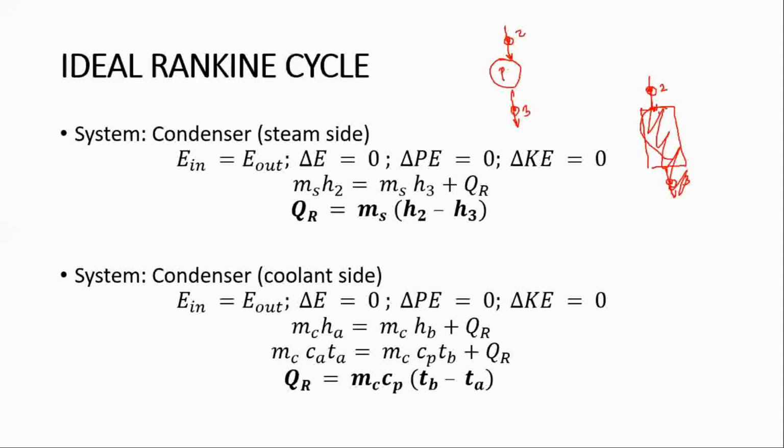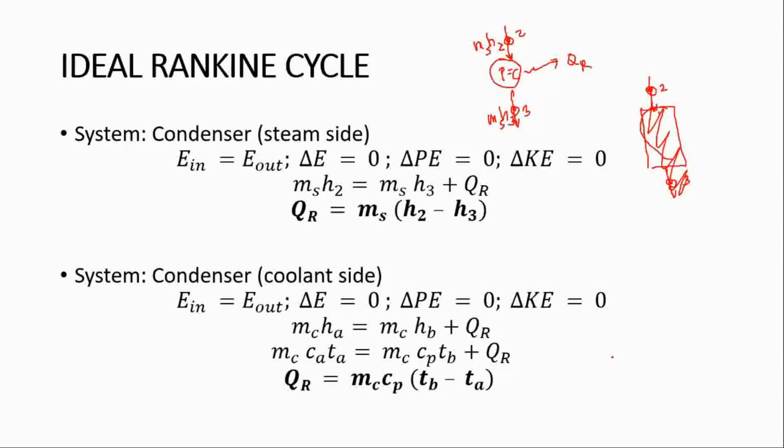P is equal to C. Okay? Magkakaroon ng heat rejection dyan. Of course, pasok sa enthalpy 2, lalabas si enthalpy 3. So, energy in, energy out, pasok ito. MS H2 equals, lalabas ito, MS H3 plus QR. And finally, we have heat rejected in the steam side, that is mass of steam times H2 minus H3.